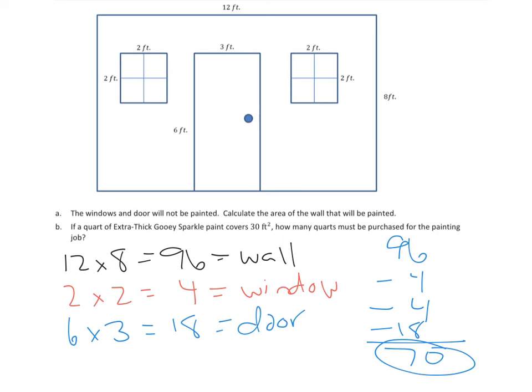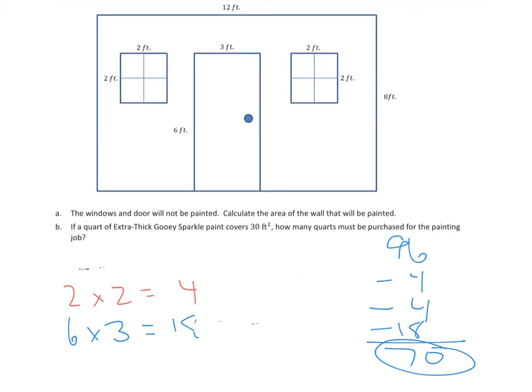We take that into the second part of the problem. I'm just going to erase this over here. And it says each quart of paint is equal to 30 feet squared. How many quarts of paint do you need to buy? Well, if each quart of paint covers 30, let's just make a little diagram.